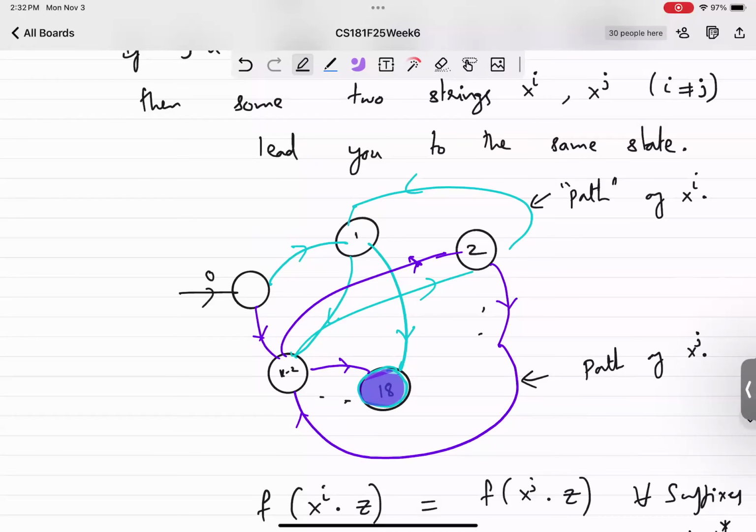You ended up at state number 18. And the same thing for xj. This is the point where you are after you process xi and xj respectively. Okay, so both end up in the same point, and from then on, you cannot separate them. Okay. All right.